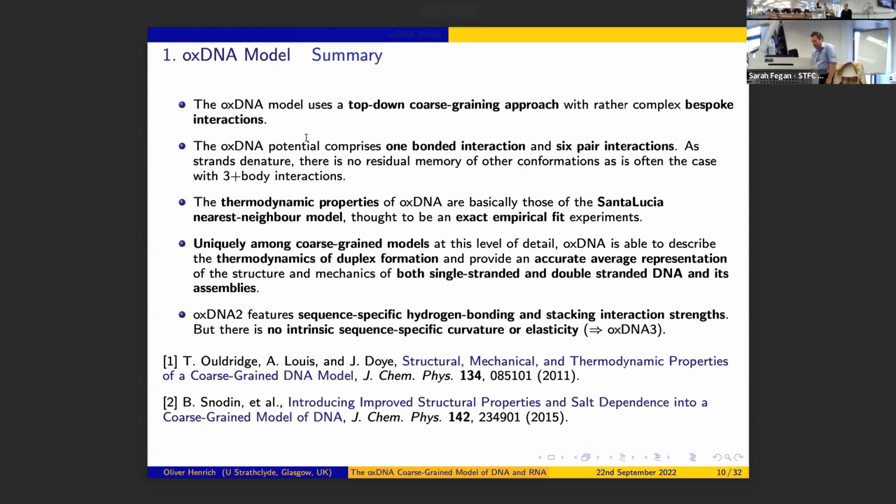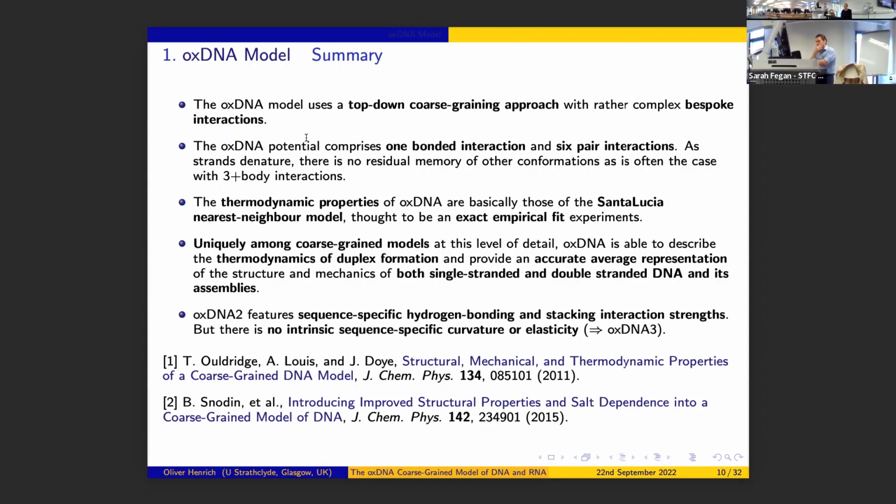So, as a summary, we can say that the oxDNA model is a top-down coarse-graining approach, and the price you pay is that you need to devise these bespoke interactions, which are quite complicated. But there's no free lunch, as we probably all know.